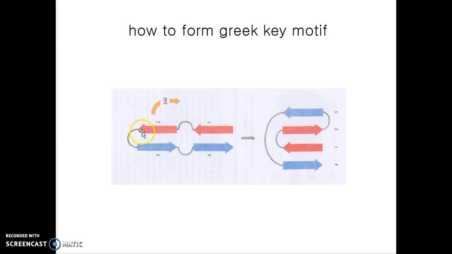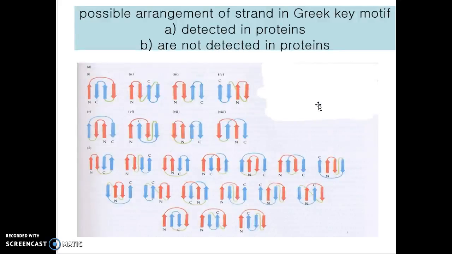A long stretch of hairpin with a loosely formed part at the middle, allowing a fold, making this kind of structure. 4 betas could be arranged in so many different ways, actually 24 different ways.